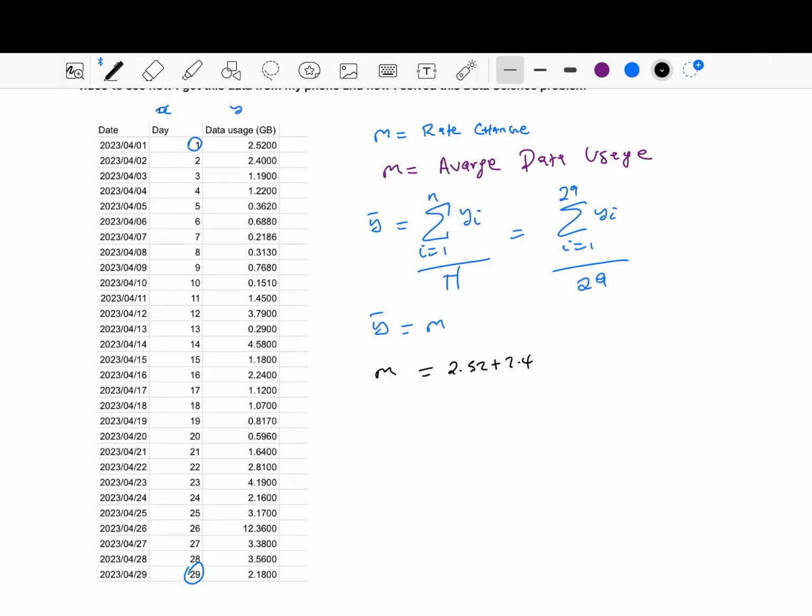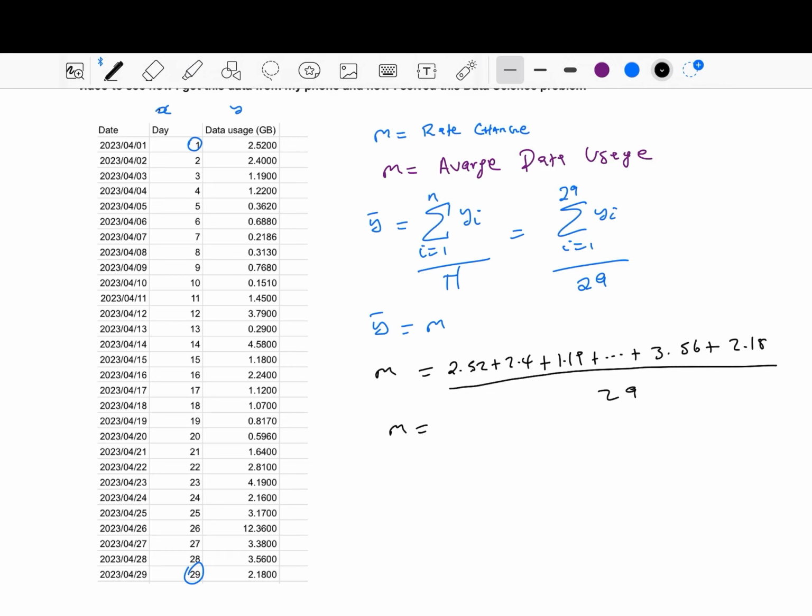So if this person has spent 2.5 gigabytes plus 2.4 gigabytes plus 1.19 gigabytes, you add all of this until you go down to 27, 28, 29. So you have 3.56 plus 2.18. You add all of that and then you divide by 29 because it's 29 days. Please do this in your calculator.